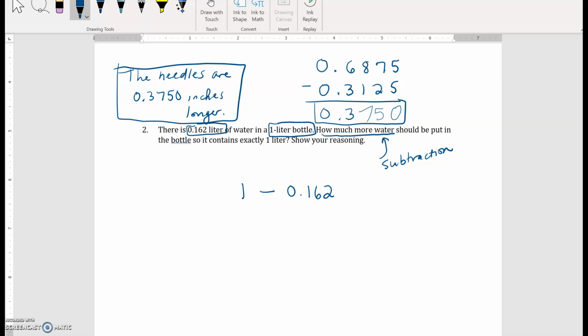So I'm going to use again the standard algorithm, which is lining up my decimals in my subtraction problem. And as we know, if we don't see numbers in certain place values, we put zeros there as placeholders to help us subtract. Right now, by yourself, can you please subtract these two decimal values and find out what the difference may be?